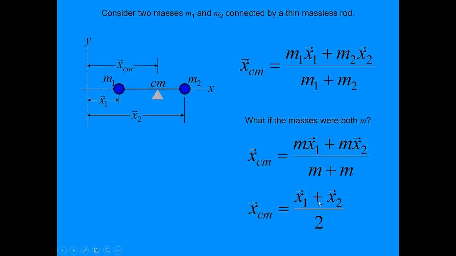And notice, what's x1 plus x2 over 2? Well, x1 plus x2 over 2 is the center of M1 and M2. It's right in between. So note, this tells us that the center of mass would be exactly in the middle, which again makes sense if the masses were the same.